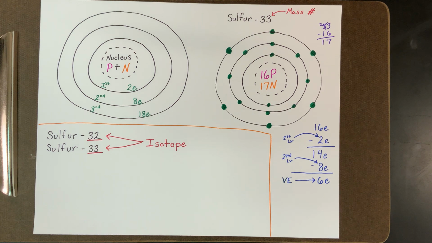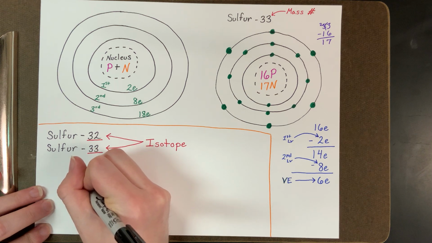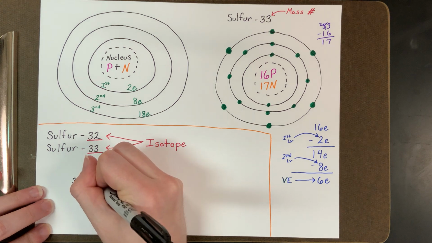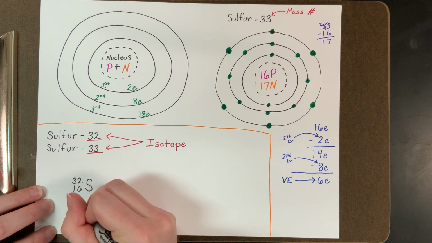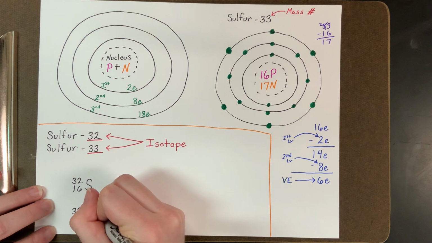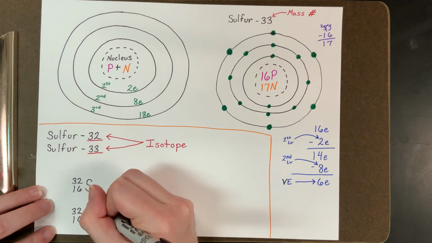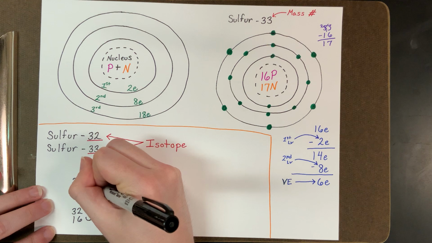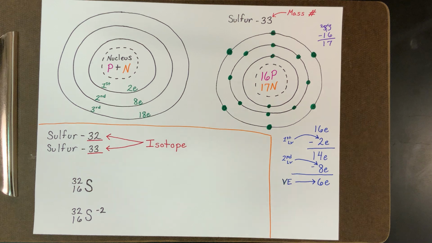Using this same example, I'm going to write this in isotopic notation. We'll use sulfur 32 this time. So you might have noticed there's something a little different.